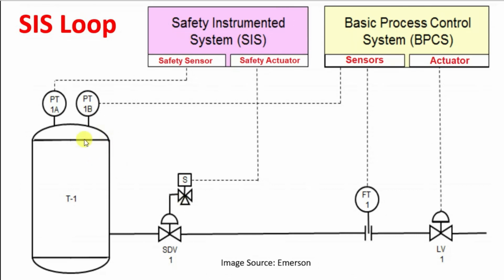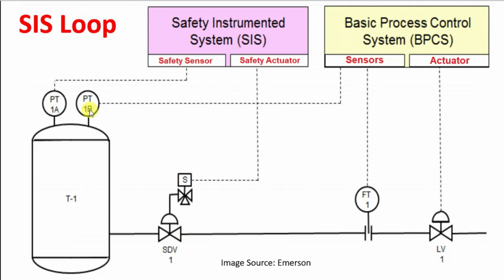The same vessel also has a control valve, with a pressure transmitter and a level control valve, and one flow measurement sensor. The pressure transmitter sensor is connected to the basic process control system processor, and by internal logic the output is given to the level control valve to control the level inside this vessel.